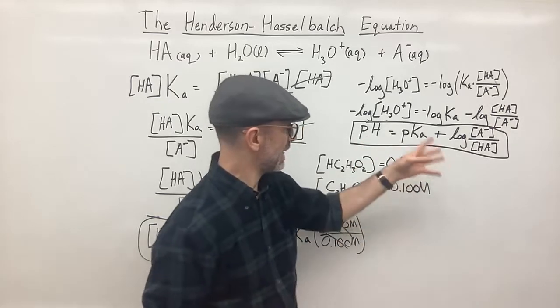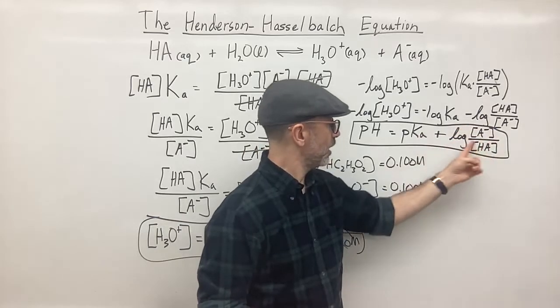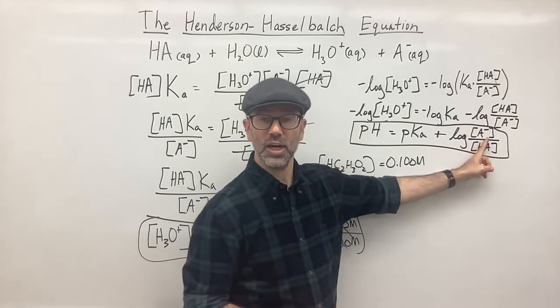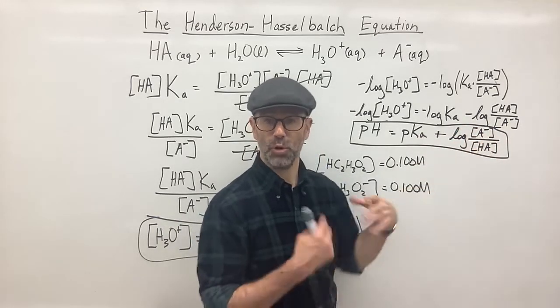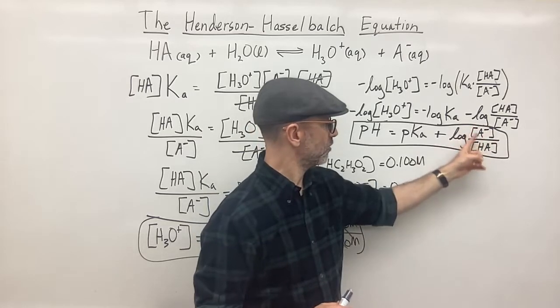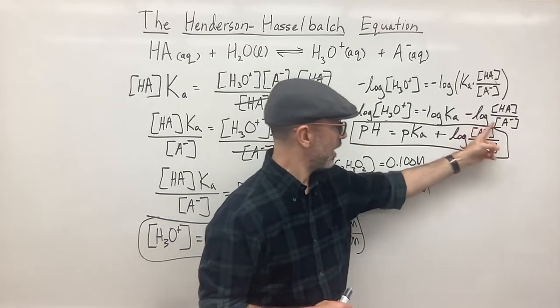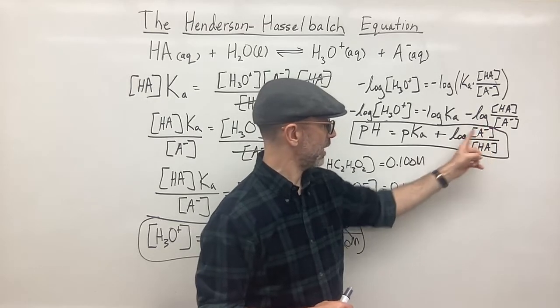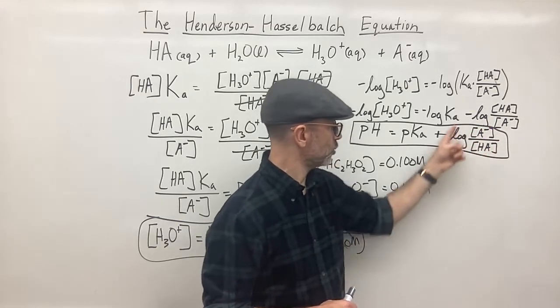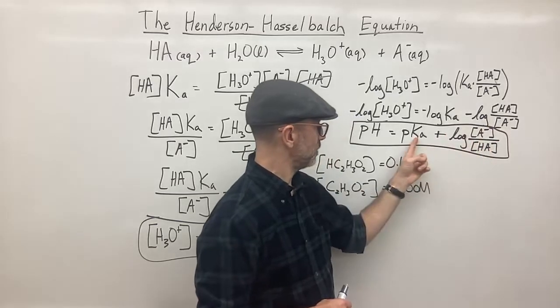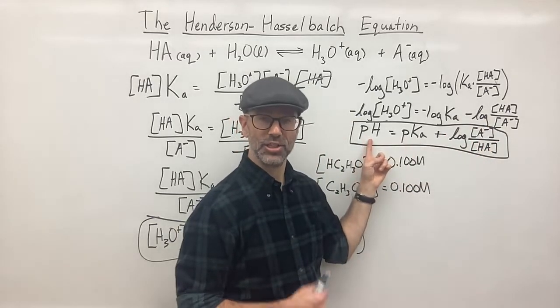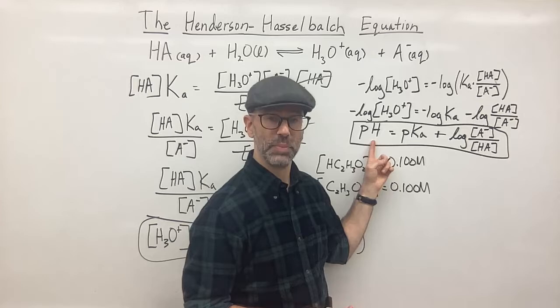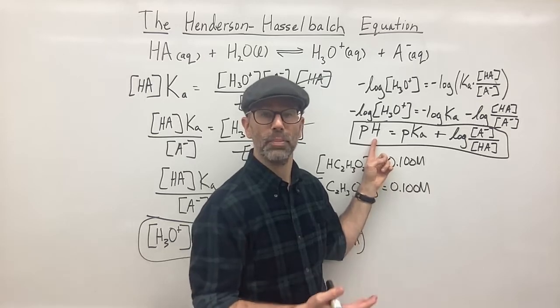And so you can see here also that if the amount of conjugate base is larger, if I increase the base, then this gets larger, and I'm going to add that to the pKa, and so the pH goes up, which is what we would expect for more base.